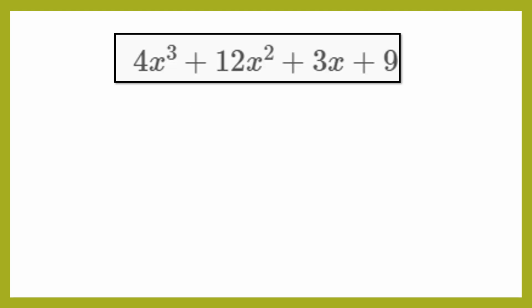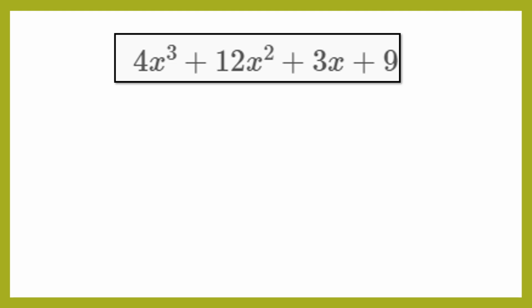Okay, let's start with 4x cubed plus 12x squared plus 3x plus 9. As you can see, the given polynomial has four terms, and it is arranged in descending order.